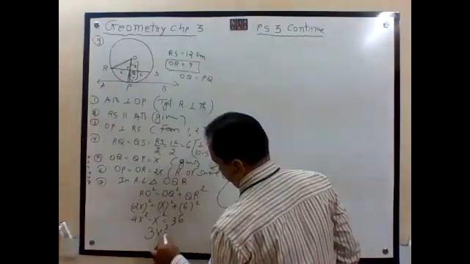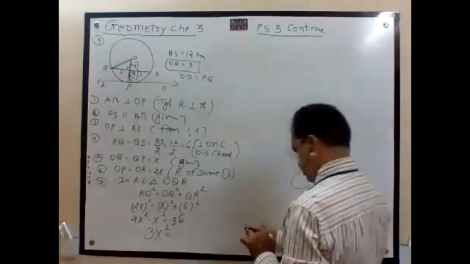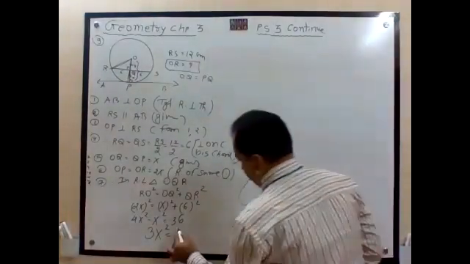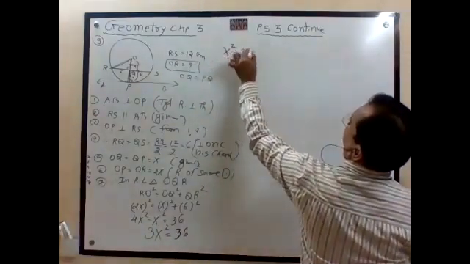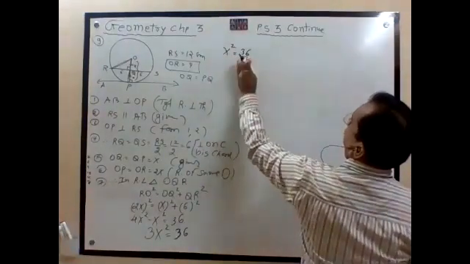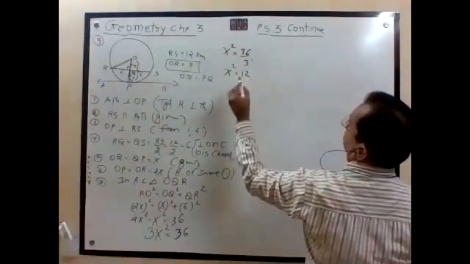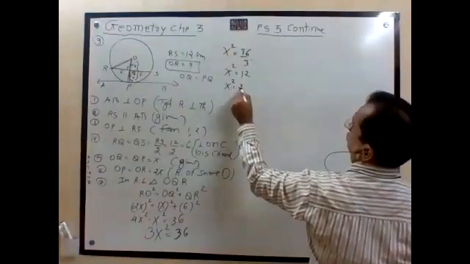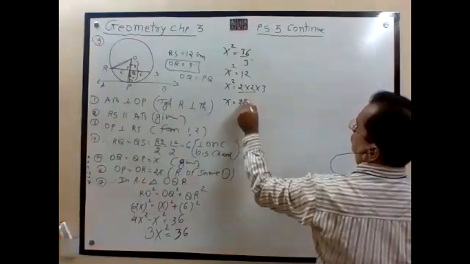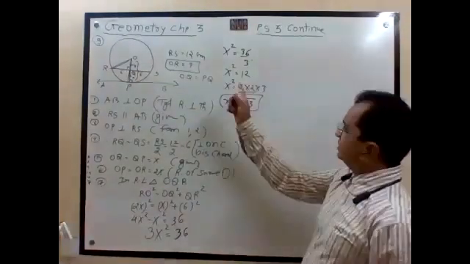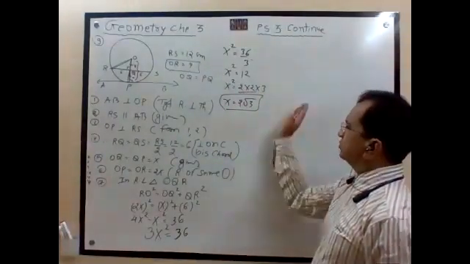So 3x square is equal to 36. So x square is equal to 36 by 3. So x square is equal to 12. X square is equal to 2 into 2 into 3. So x is equal to 2 root 3. Make all the factors a power of 2, so which are coming in multiples of 2 come out, and the rest stays under the root.